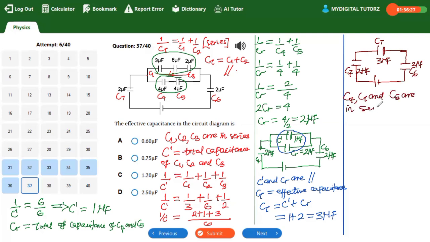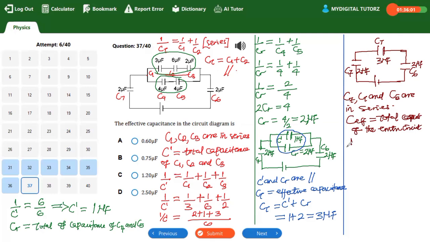Since they are in series, let C effective BD be equal to the total capacitance of the entire circuit. Is that correct?